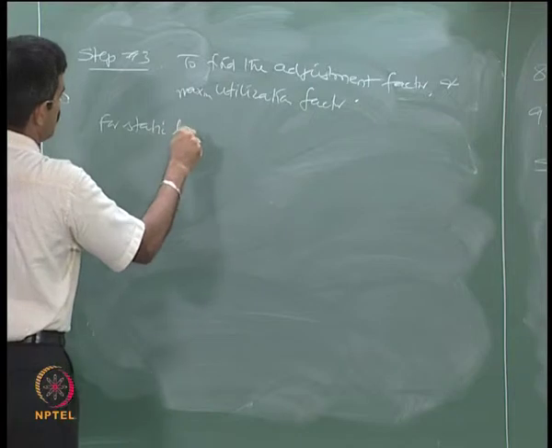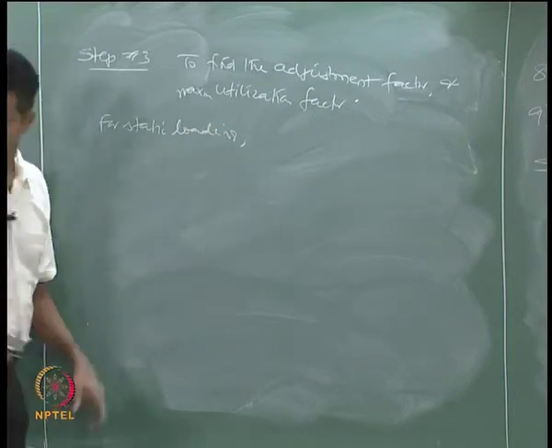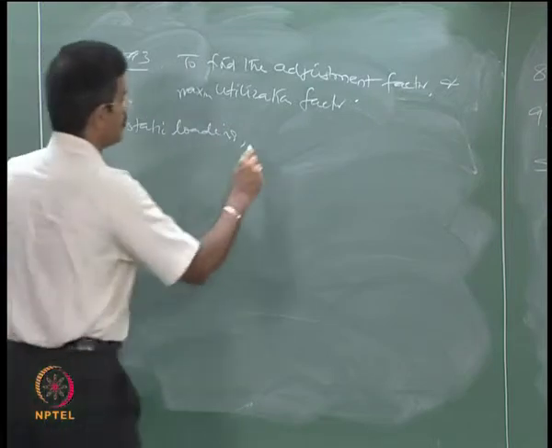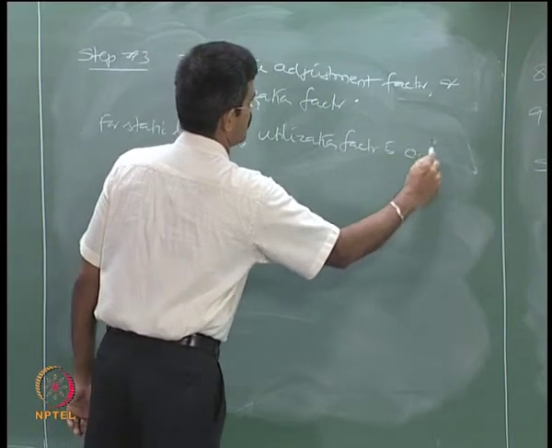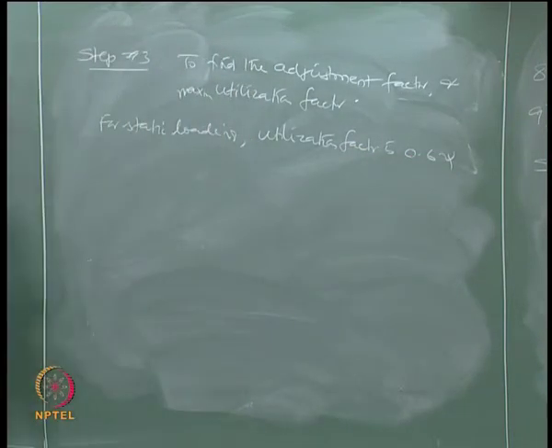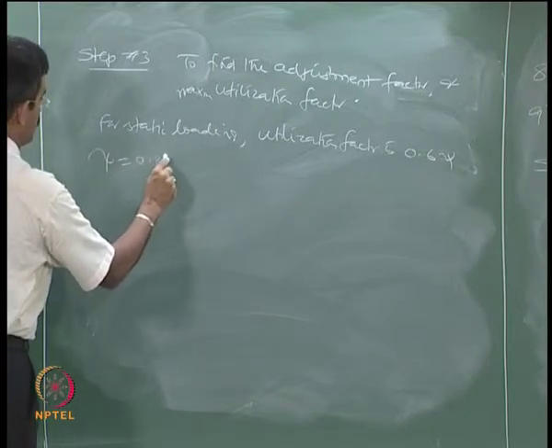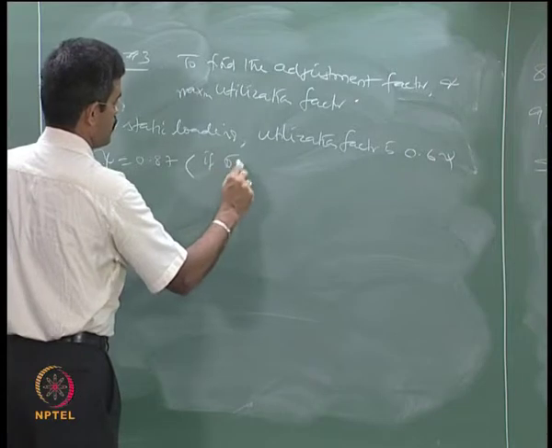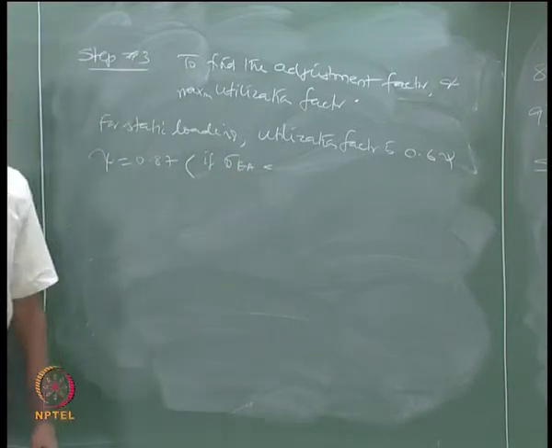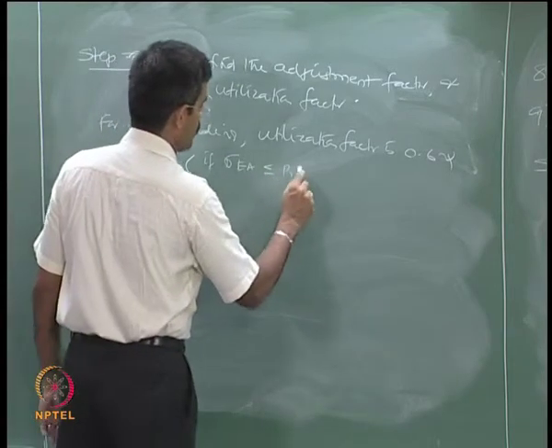For static loading, the utilization factor is 0.6 of psi and psi is 0.87 if sigma EA is less than or equal to Pr sigma naught.